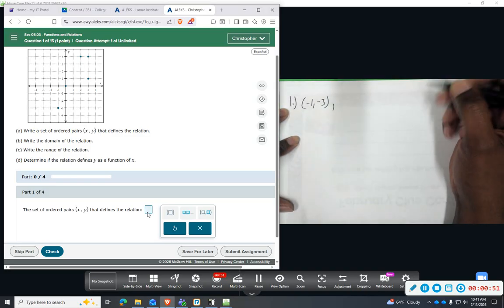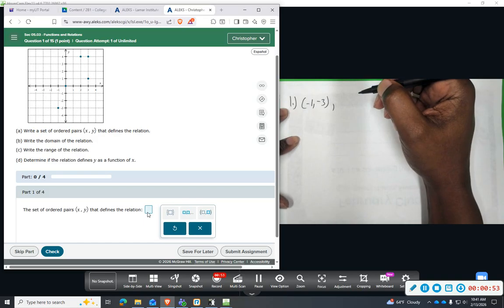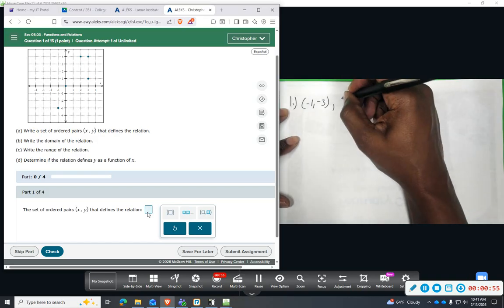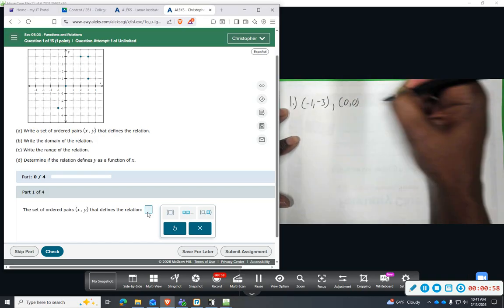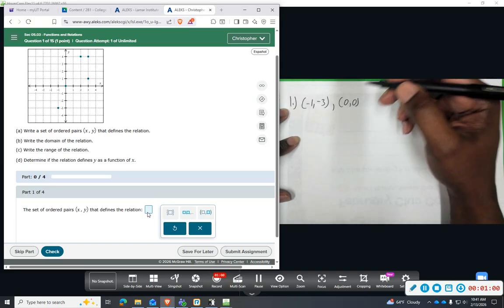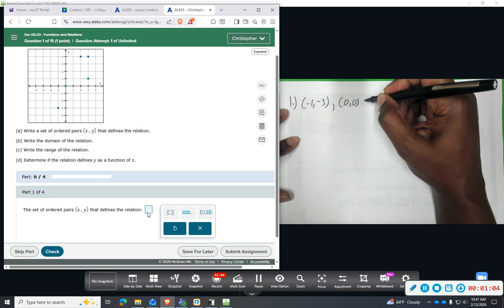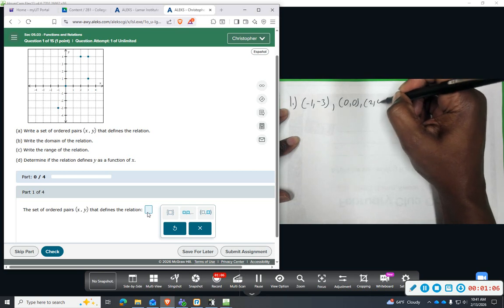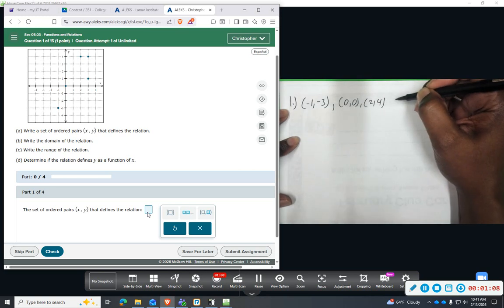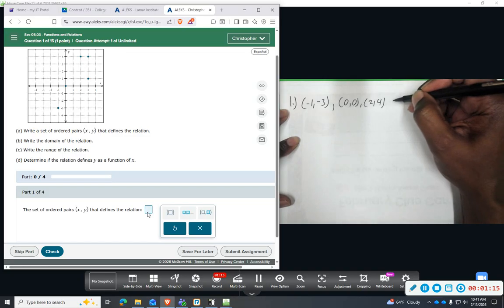And then I'm going from left to right, so I'm just going to list them left to right. So the next one we have at the origin, which is going to be 0, 0. Next one we have 2, 4. And then we have 2 points on the x value of 3. That is 3, 1 and 3, 4.